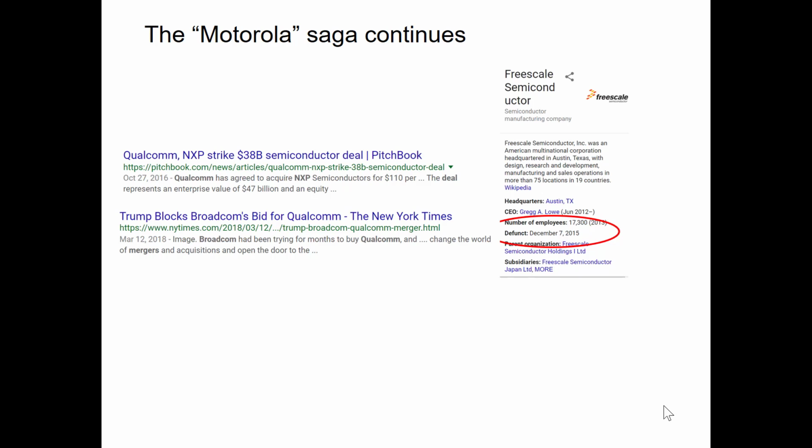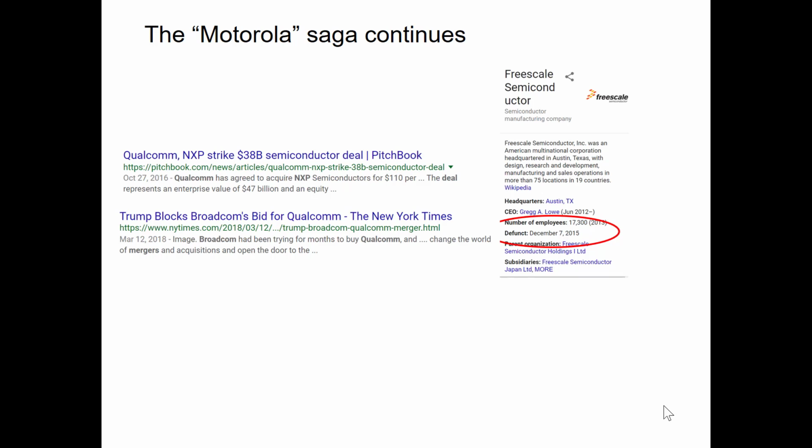And this was dated May of 2018. So now some issues are starting to crop up because NXP's in the process of being incorporated into Qualcomm. All of a sudden, Qualcomm has some big changes in plans because their merger with Broadcom got blocked.